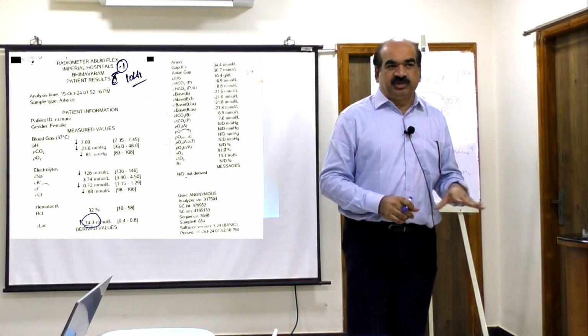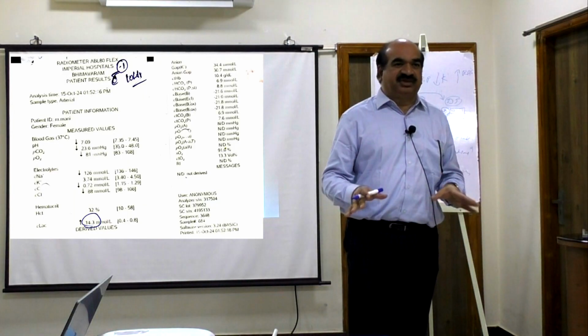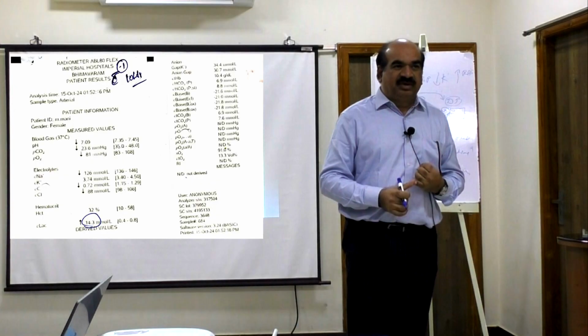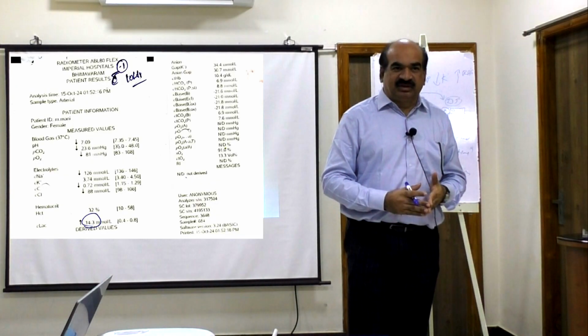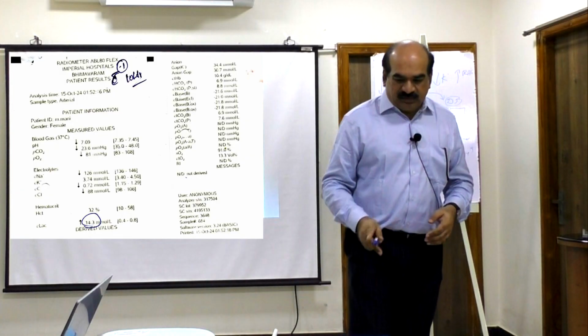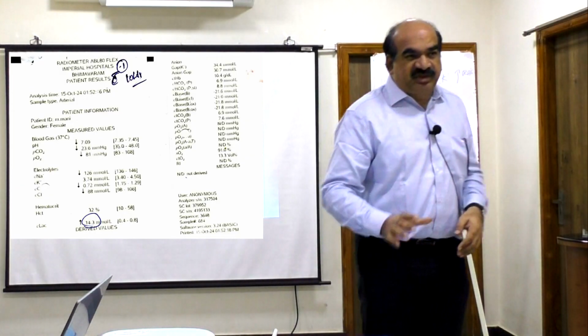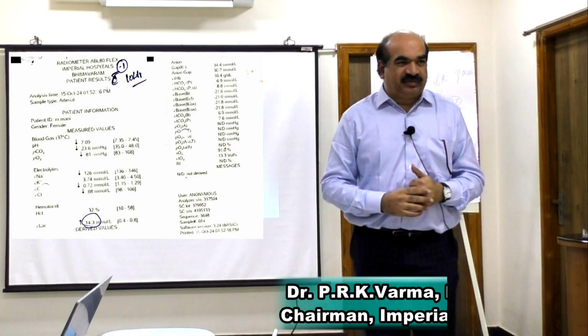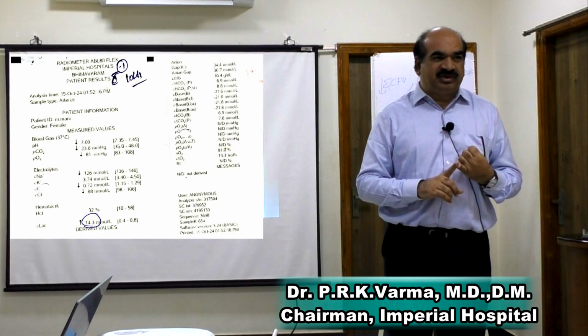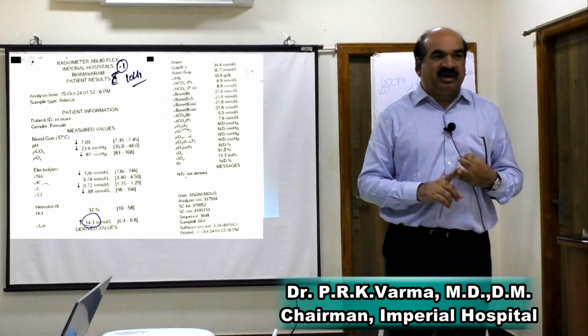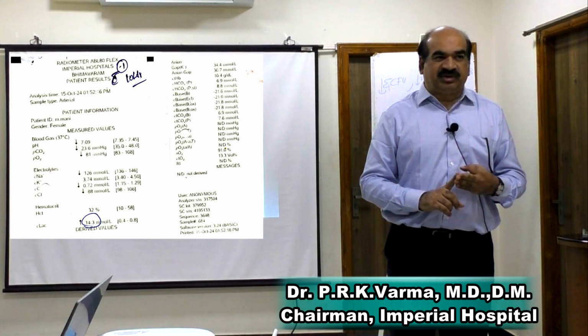In this case, potassium is normal. So probably these causes: one is vomiting, two is recovery from lactic acidosis and diabetic ketoacidosis. So this is a case of triple acid base disturbance: high anion gap metabolic acidosis, respiratory acidosis and metabolic alkalosis.